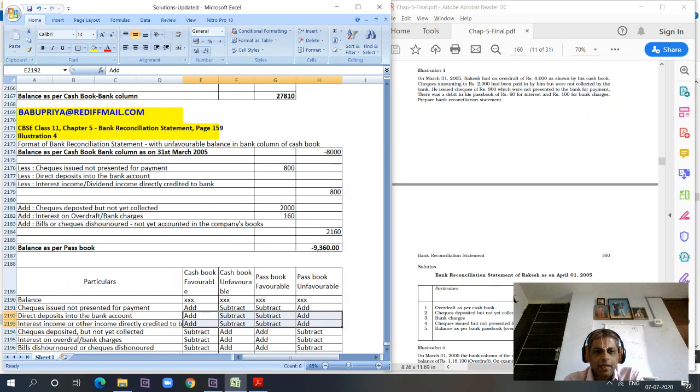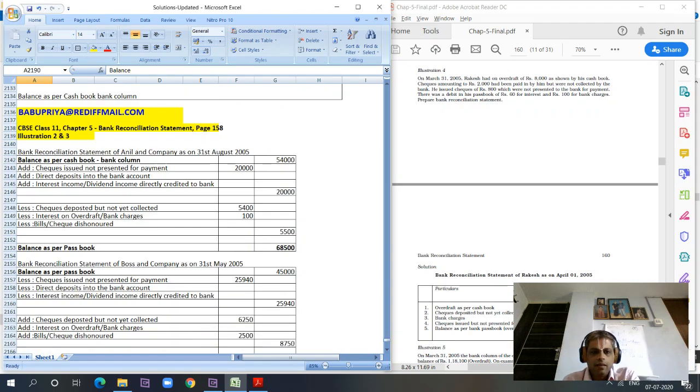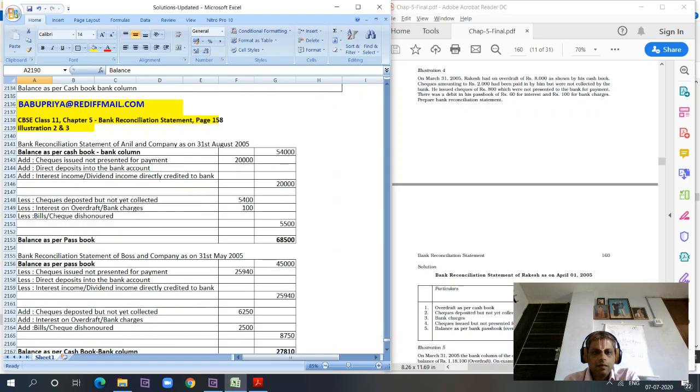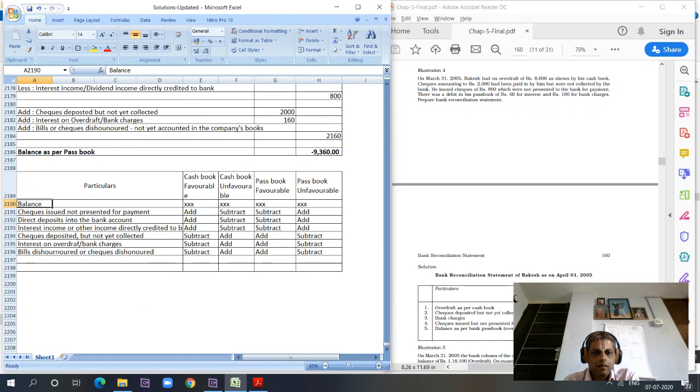Making it more simple, this is how the balance will look. Is it clear? More easy to understand. Just understand the concept and then put it in the table. I have just put it in the table for easy reference and easy understanding.